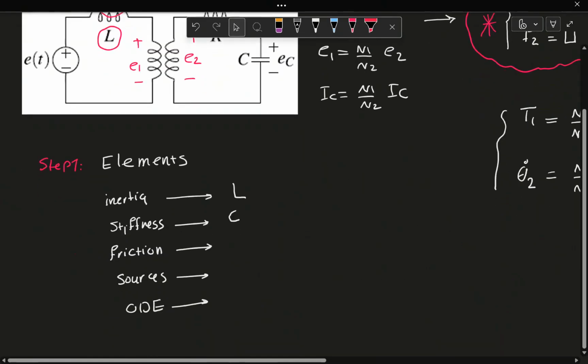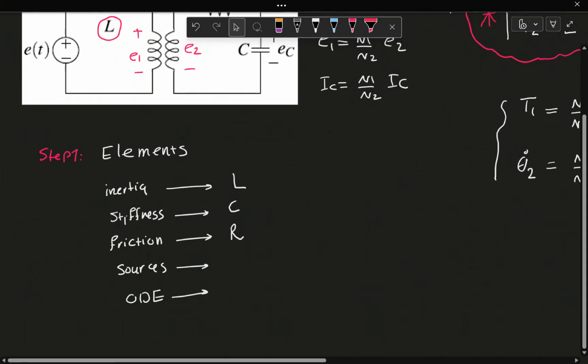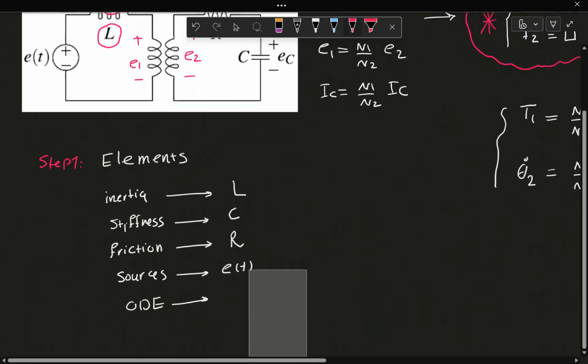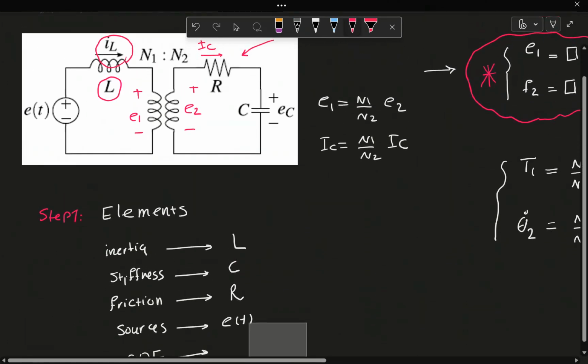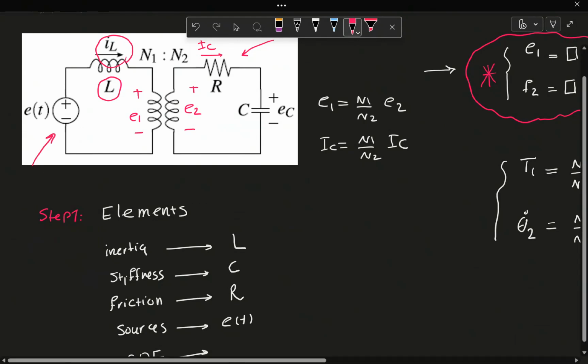For this friction, I would have my R element. The source for this problem is E(t), which provides the effort, which is the voltage.